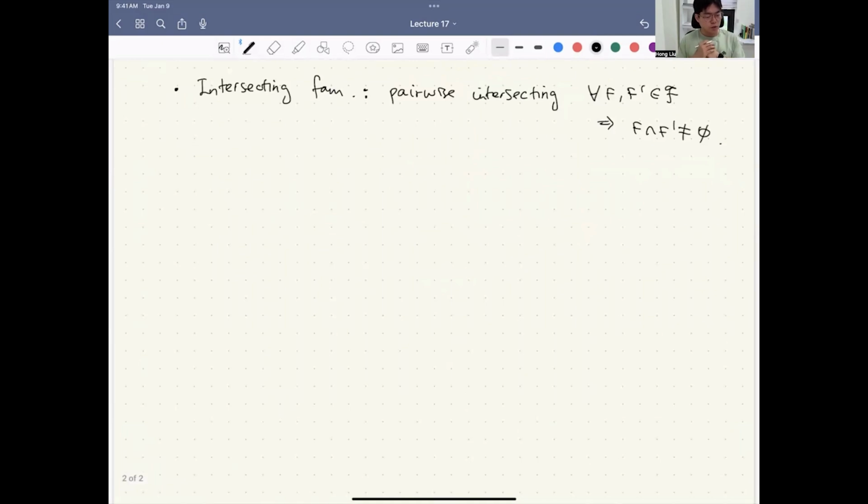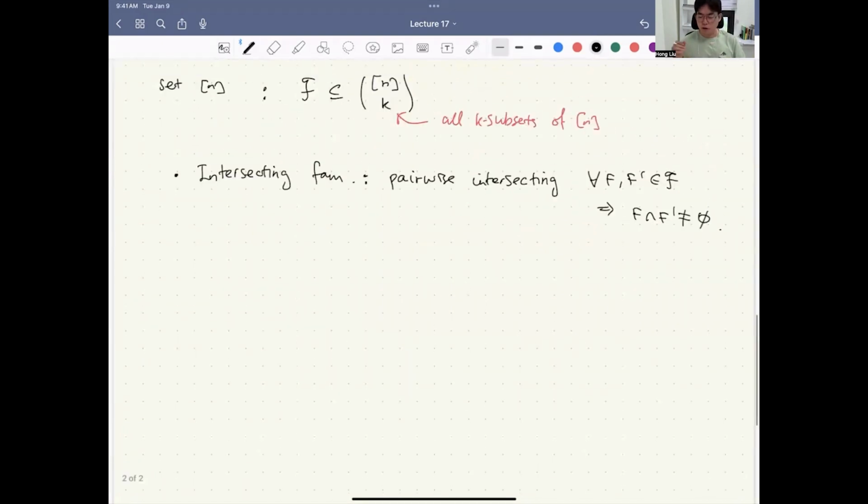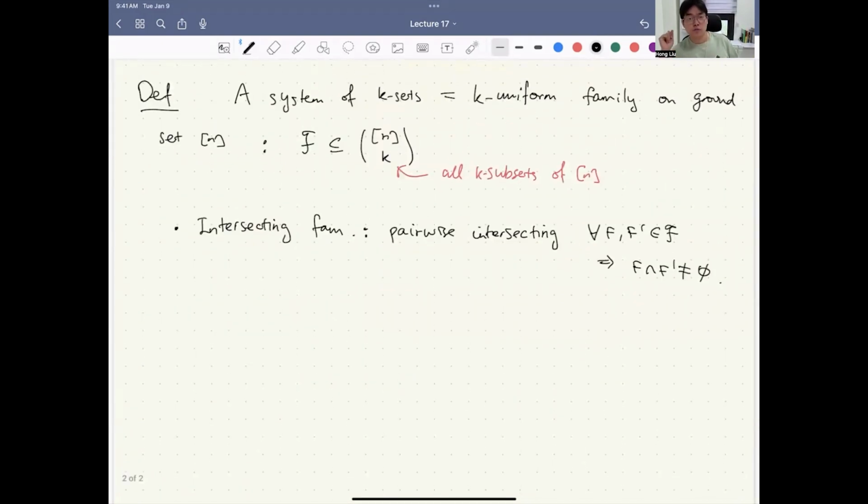Now we can ask our question. If you have a k-uniform family and we say it's intersecting, how large can it be? In a non-uniform setting, we know the answer is 2 to the n minus 1.